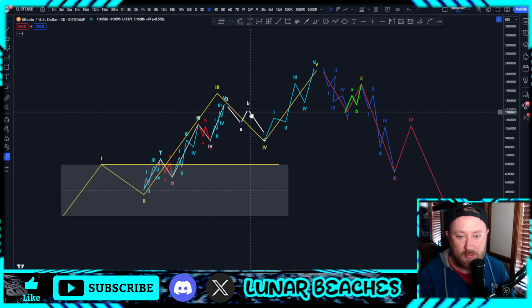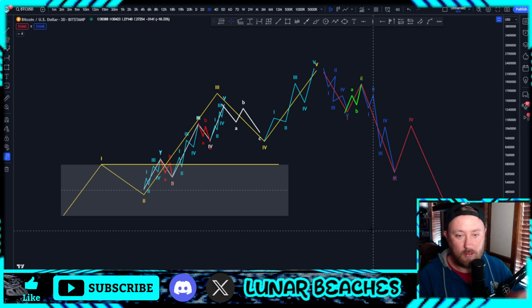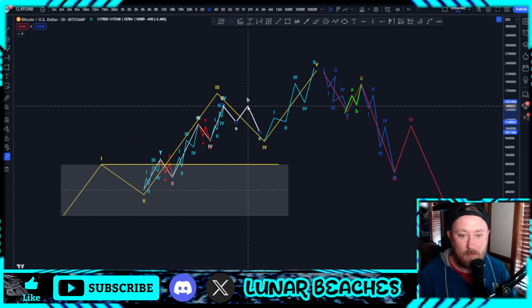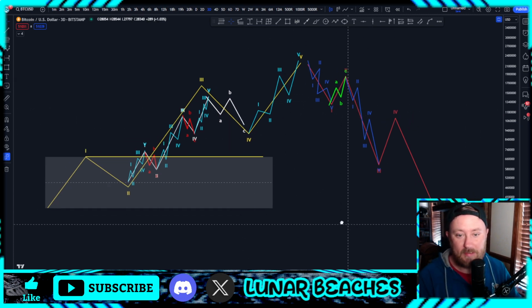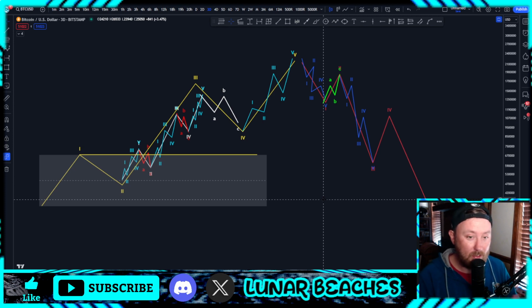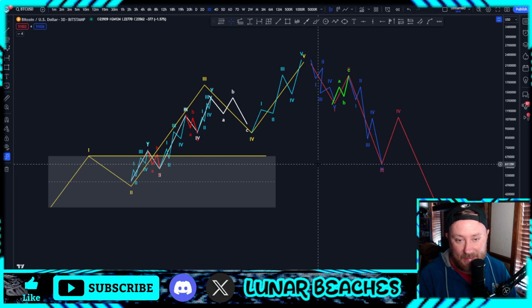These corrective structures do change, but most of the time they are just ABCs. Those are the ones that I identify the most: ABC zigzags and flat patterns, flat corrections. So just type that in the search bar, flat corrections. You'll get a whole bunch of stuff pop up. Go to images, all that stuff.